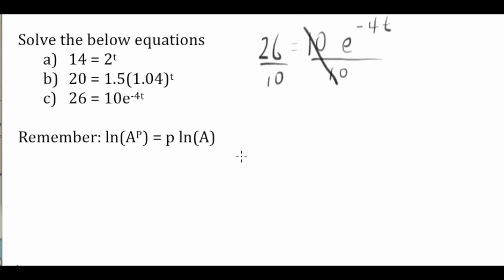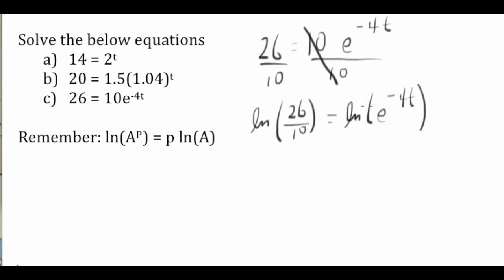That's gone. And now we're going to take the natural log of both sides. Now, here's what's important. We have natural log of e to the something. These cancel out. And what we're left with is negative 4t.